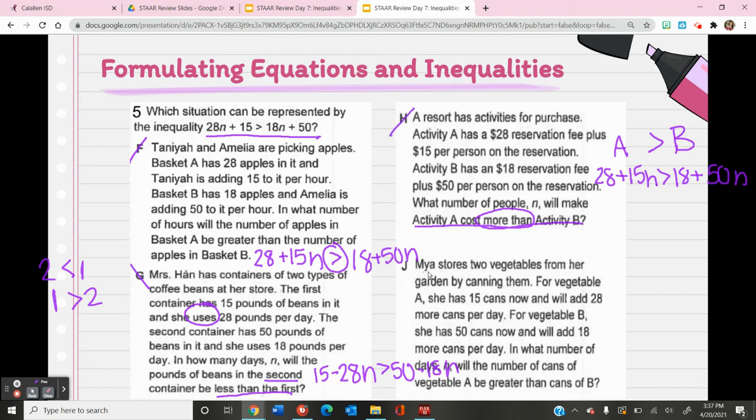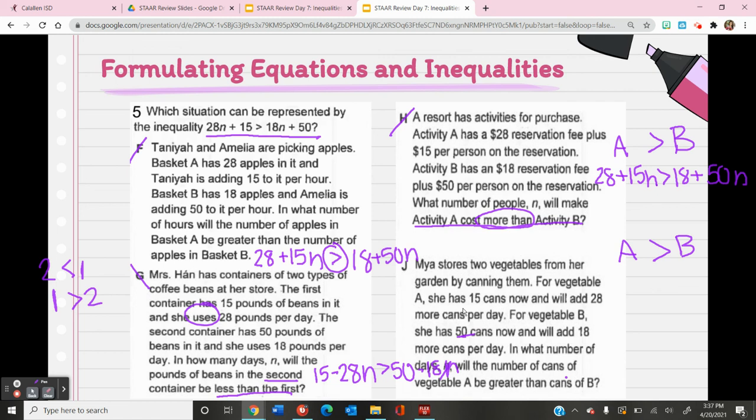Then we have J. Maya stores 2 vegetables from her garden by canning them. For vegetable A, she has 15 cans now and will add 28 more cans per day. For vegetable B, she has 50 cans now and will add 18 more cans per day. And what number of days H will the number of cans of vegetable A be greater than cans of B?